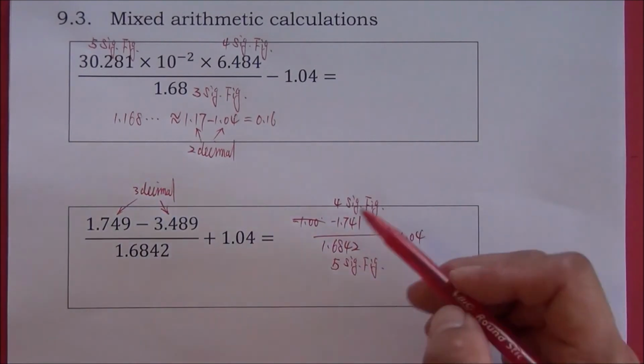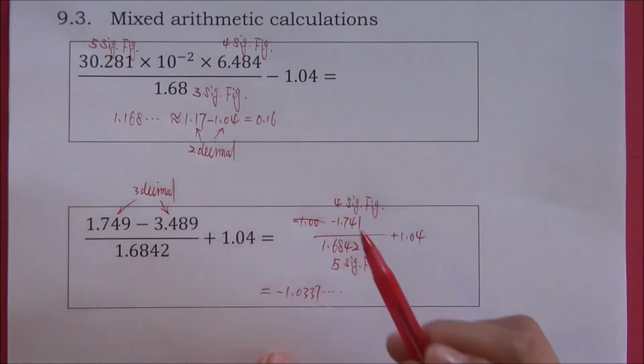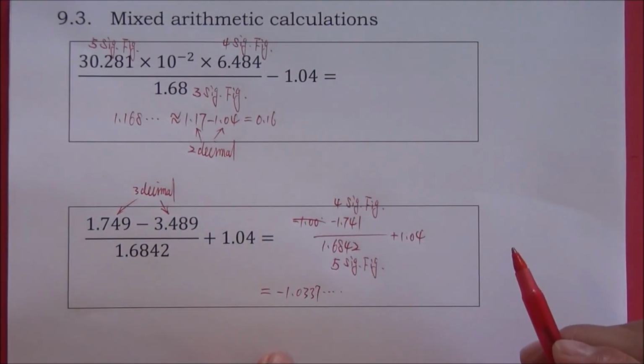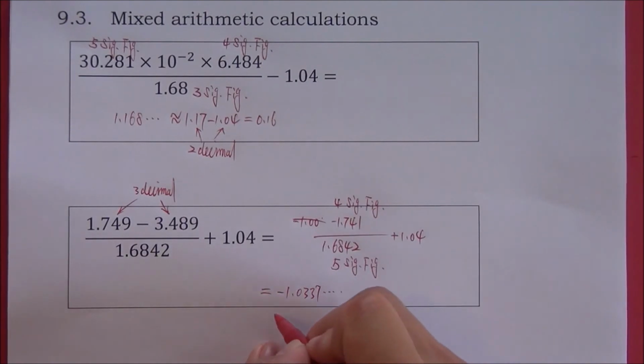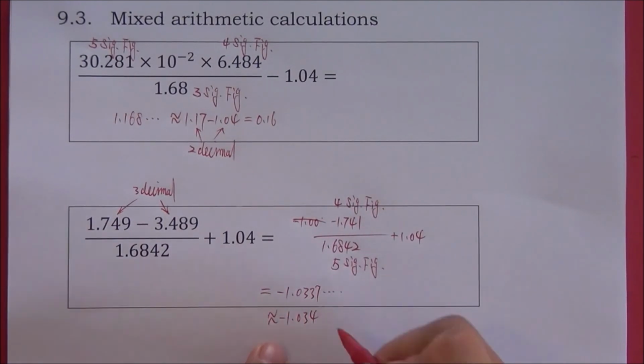According to the rule we just learned, the answer for this step should have 4 significant figures, and this number should be roughly equal to negative 1.034. The final step for this calculation is negative 1.034 plus 1.04.